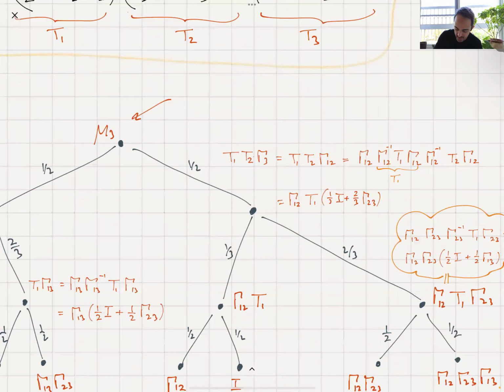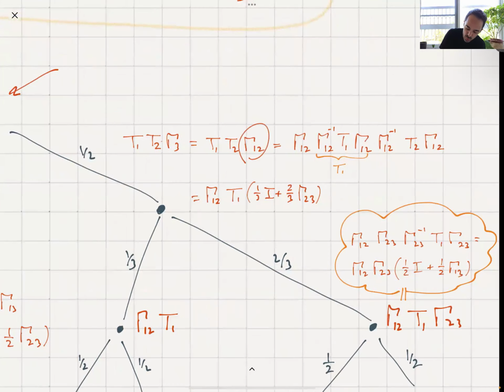So let's do that. It's again the same thing. I want to move this thing all the way here. So let's start by moving it. We'll do it all together. So I'm putting both here and here gamma 1 2, gamma 1 2 inverse. See these two? And this has the effect, if you bracket it differently like that, of conjugating T1 and T2 to get the hat versions.